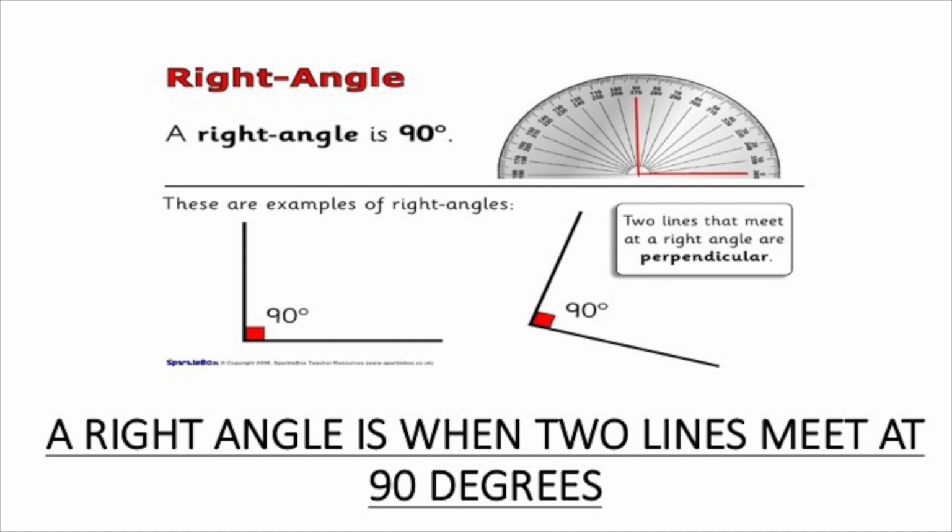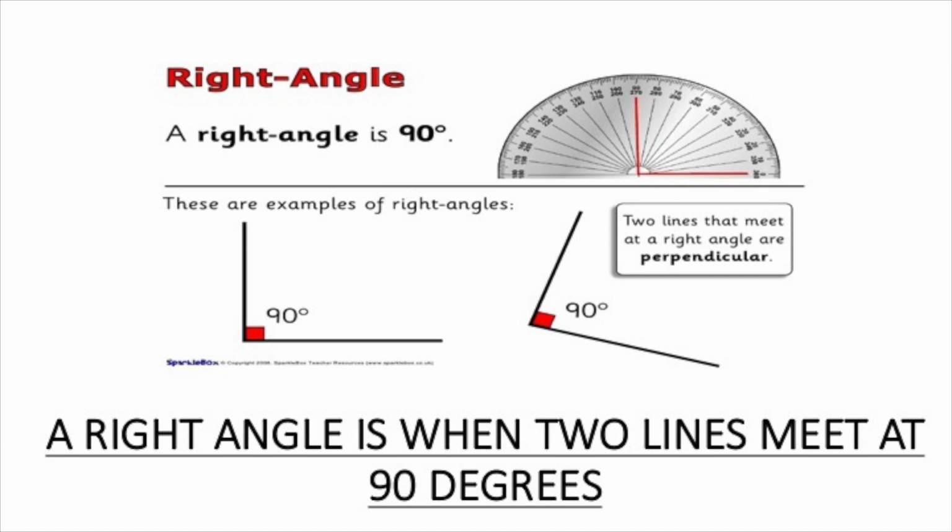Horizontal. When a horizontal line and a vertical line meet, that gives an angle of 90 degrees. And that angle is known as a right angle. A right angle is when two lines meet at 90 degrees.